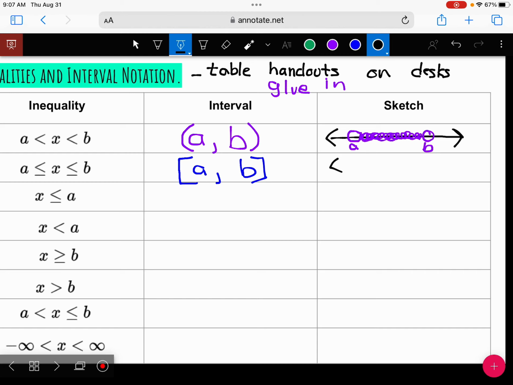So on our sketch, it's going to be a real similar vibe, but this time we use closed circles because we're equals to. And it's still the values in between, but with those closed circles. So closed circles are square brackets, if you're familiar with our circles. Open circles are parentheses. Square brackets, I can touch it. Parentheses are annoying little siblings.